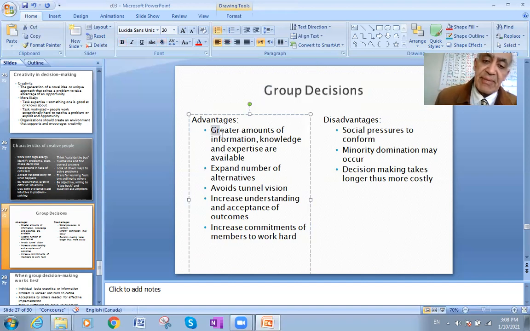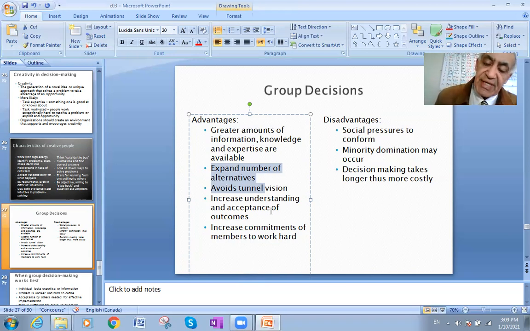Because it's a great amount of information. Everyone is having info and everyone is sharing the ideas. So we'll have more than one person's ideas. Expand number of alternatives. We will have a lot of alternatives here, because everyone is having two, three alternates, not only one person is thinking, but more than one.